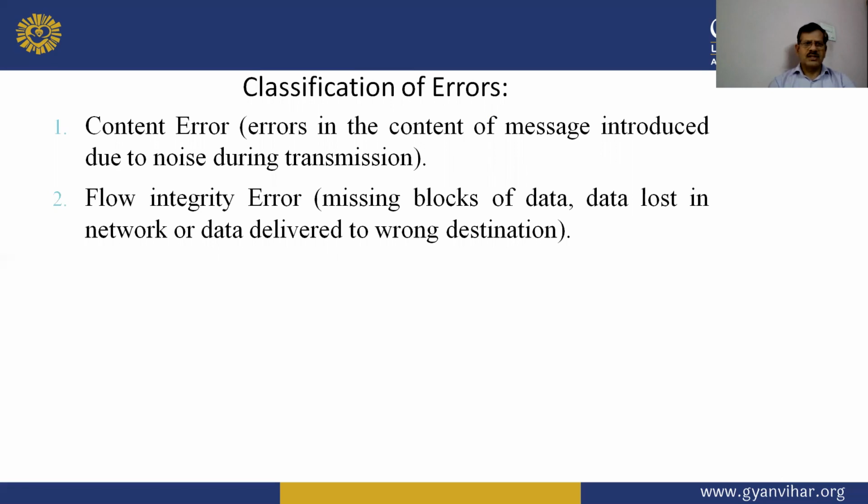So first, content errors: error in the content of the message introduced due to noise during transmission. Second one is flow integrity error or missing block of data: data lost in the network or data delivered to wrong destinations. So that is the classification of errors.